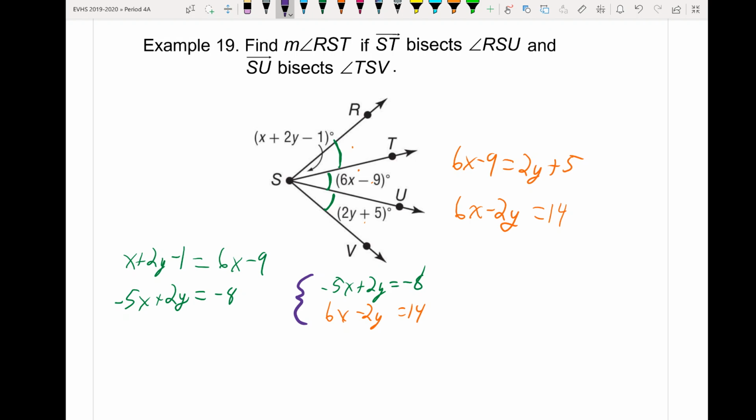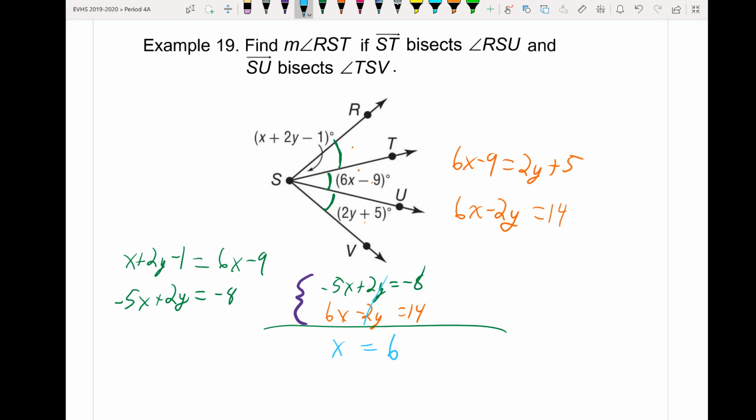I am going to use elimination here because I have a positive 2y and a negative 2y at the same time. Add the two equations together. Negative 5x plus 6x is x. These two cancel out, and that leaves me with negative 8 plus 14 is 6. x equals 6.